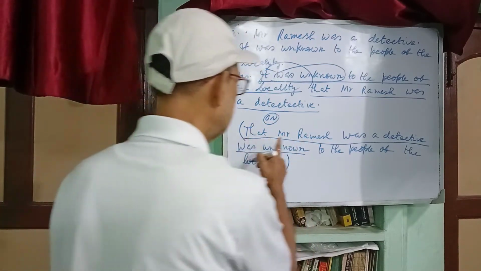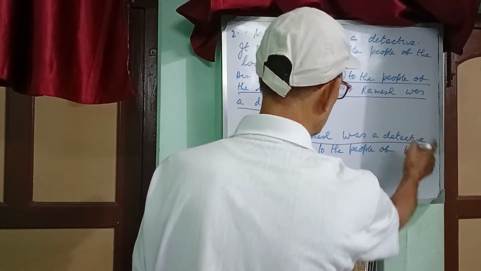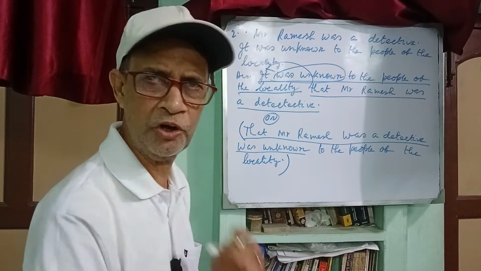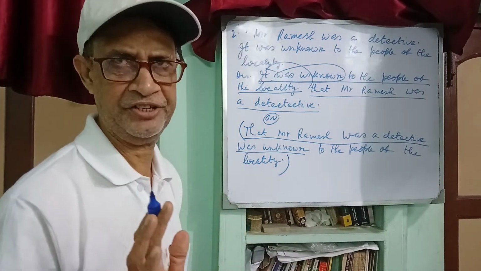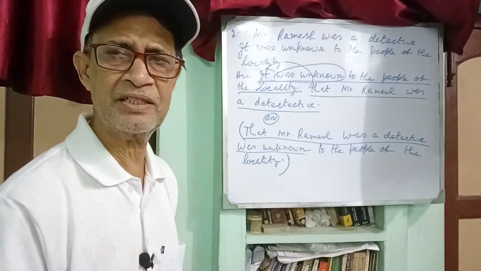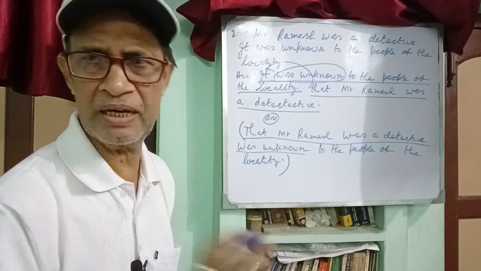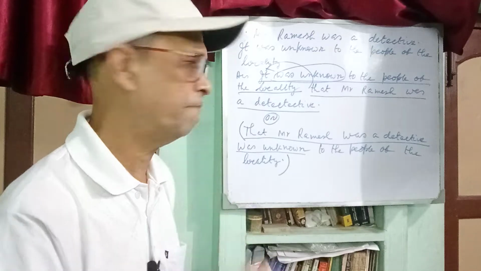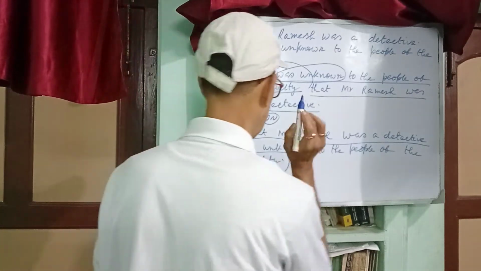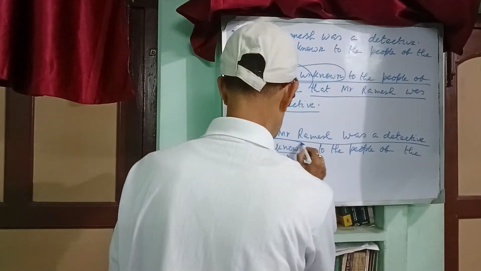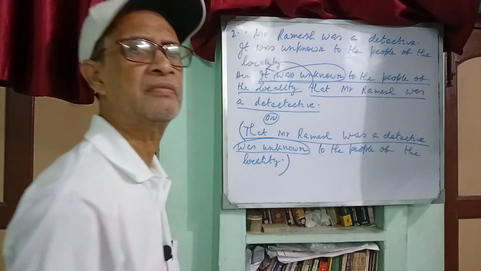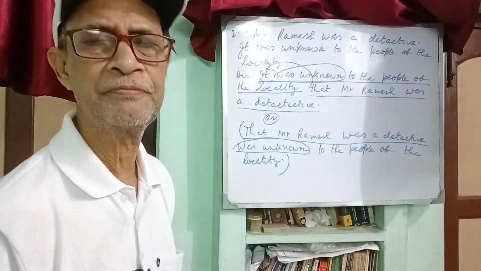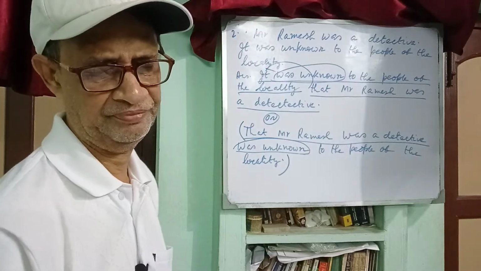So, that Mr. Ramesh was a detective is a subordinate noun clause, and it is unambiguously acting as the subject to the verb was unknown. So, it is an example of a subordinate noun clause, or noun clause subject to the verb.